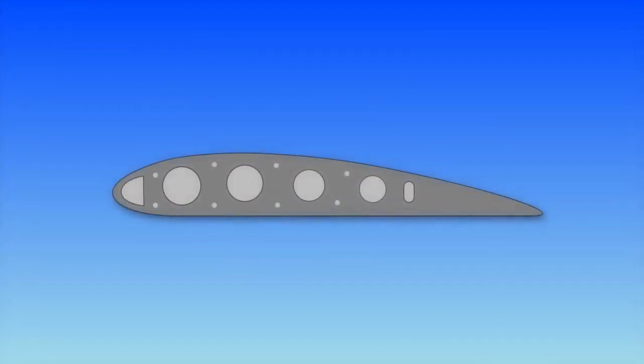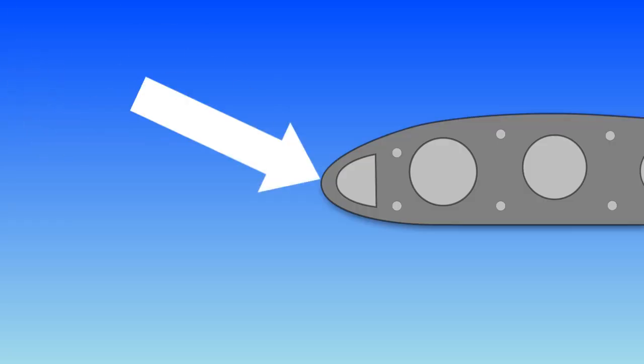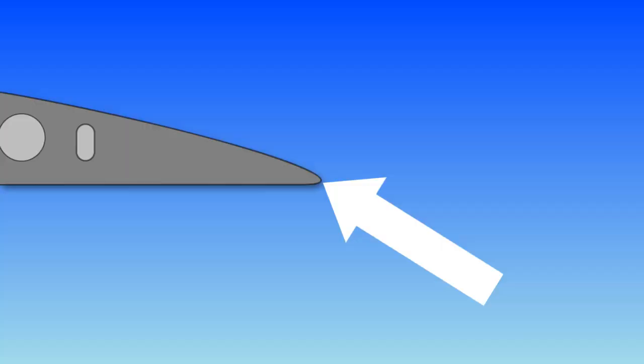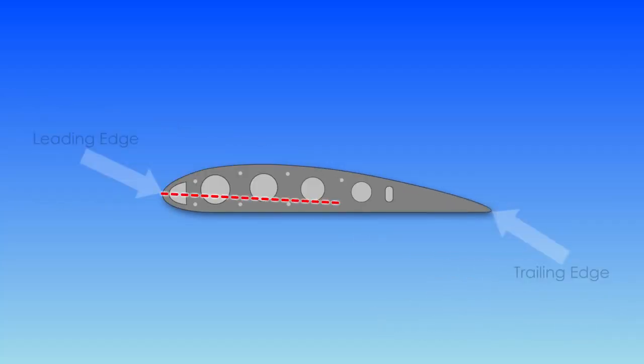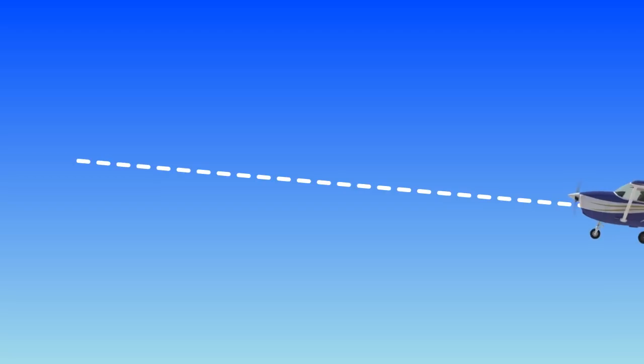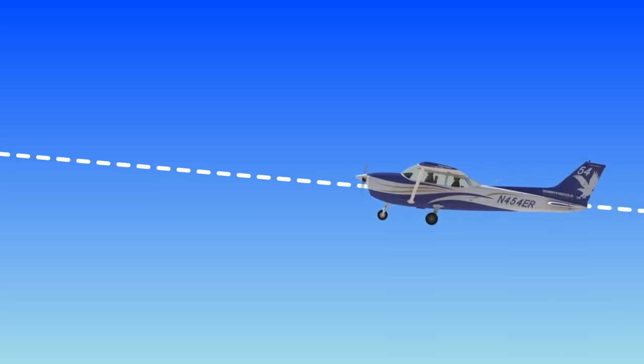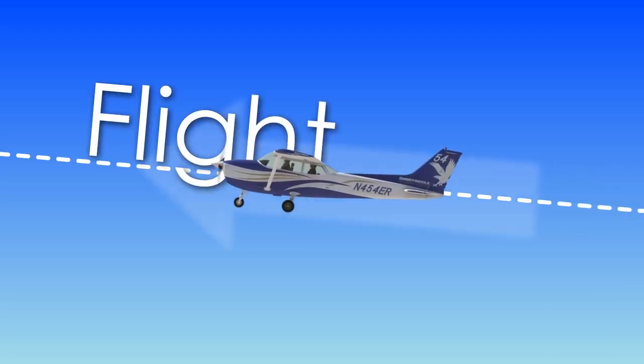Before we get too in-depth, let's introduce a few new terms. The forwardmost point of the wing is called the leading edge. The aftmost point is called the trailing edge. If we connect these two edges together with an imaginary line, this line is called the chord line. As an airplane flies through the air, the path that the plane travels along is known as its flight path.